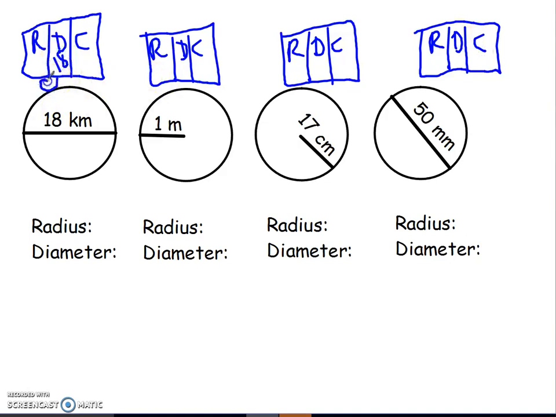To go from diameter to radius, you are going to divide by 2. 18 divided by 2 is 9, so you're going to fill in 9 and 18. 1 is the radius. To go from radius to diameter, you're multiplying by 2. 1 times 2 is 2. You're going to do these two by yourself.